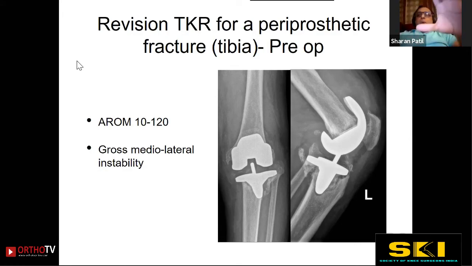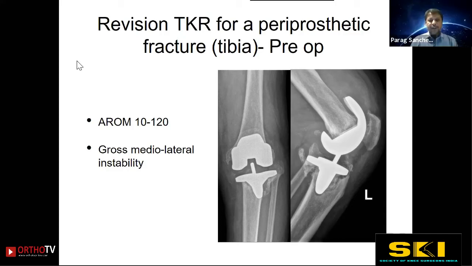I would go and remove everything, and here the joint line has to be built up nicely, and I will definitely need augments, and I would definitely look at a sleeve. Metaphyseal sleeve is something which I'm very familiar with. I would look at that on the tibial side and see if I can build it up and bring the joint line to normalcy, provided the MCL is intact and I'm able to get the ligaments in place. If it is not, then straight away go for a hinge here.